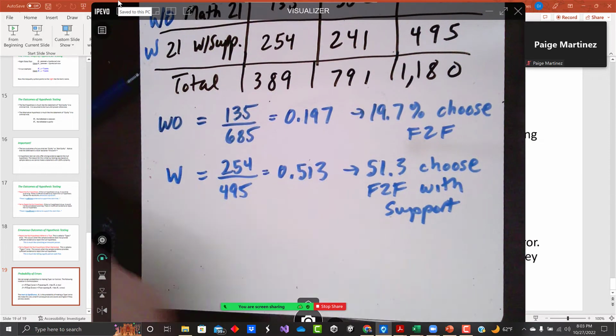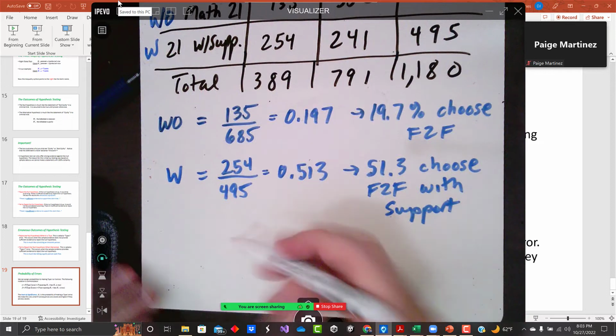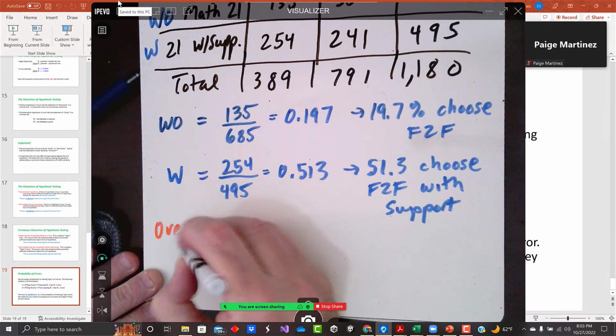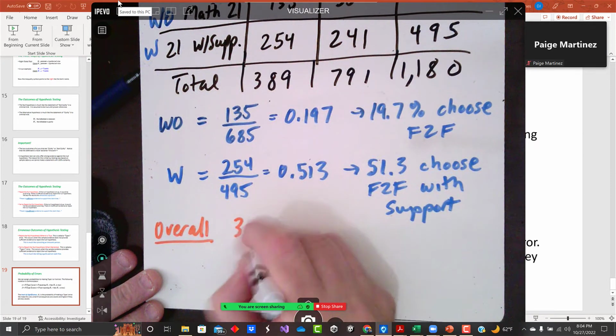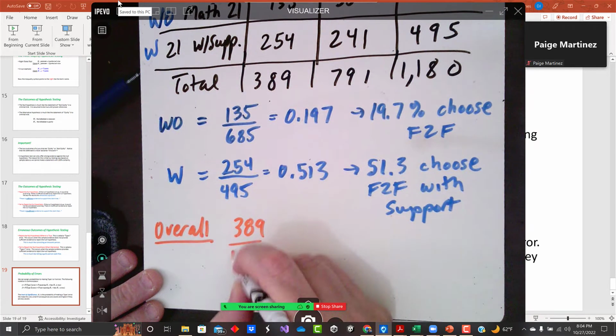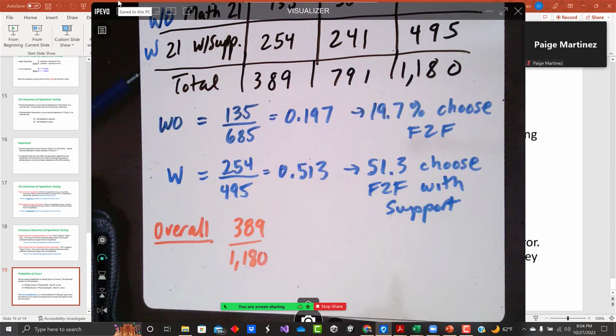So these numbers are pretty different. Maybe we shouldn't group them, but let's look at doing an overall grouping. We had 389 that chose face-to-face out of 1,180.